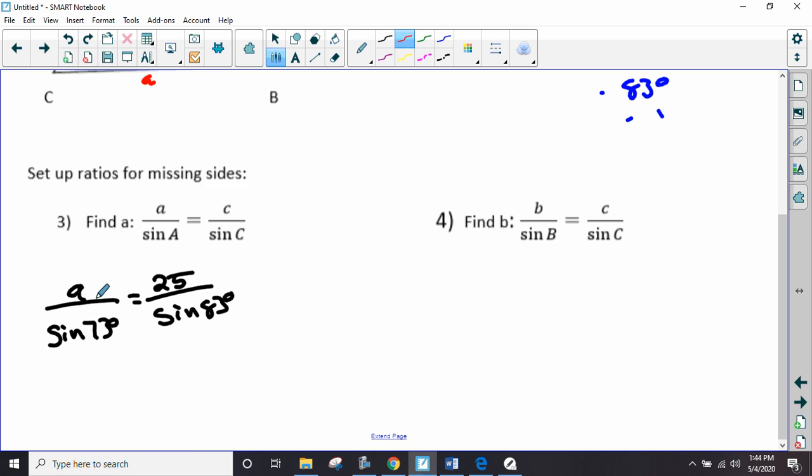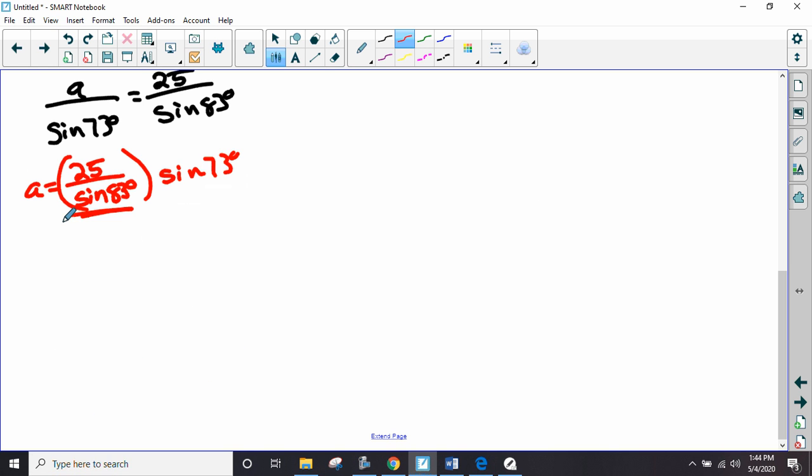So little a is going to be, now I'm going to write it out, but we should do this part first. This is the part you do first. Do this first in your calculator: 25 over sine 83.